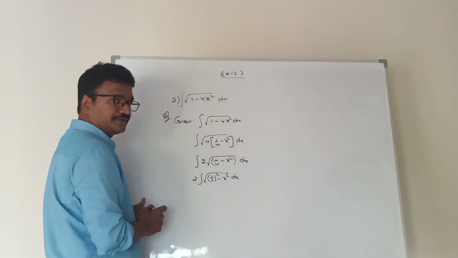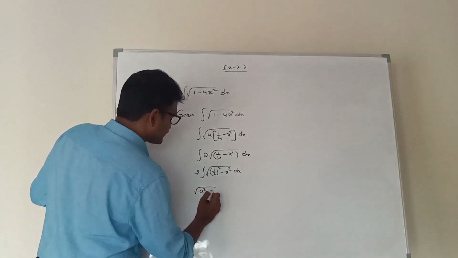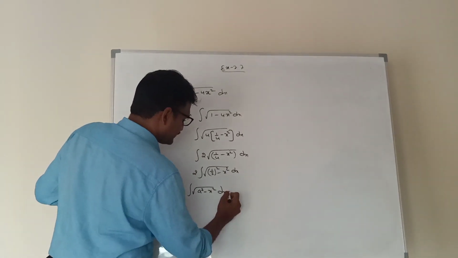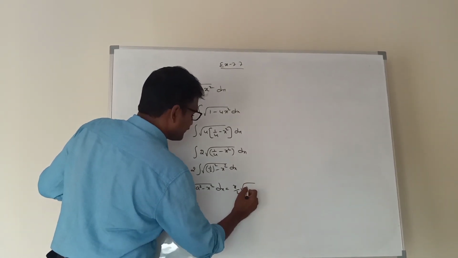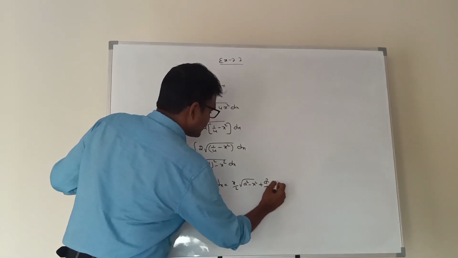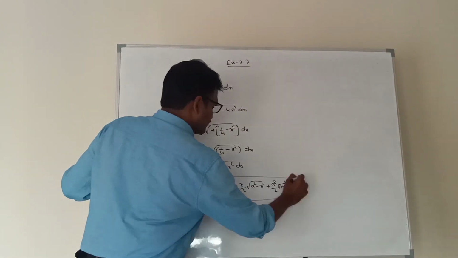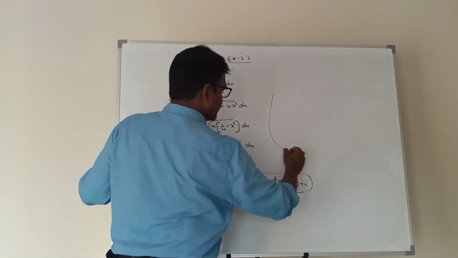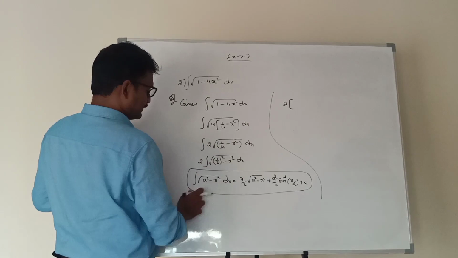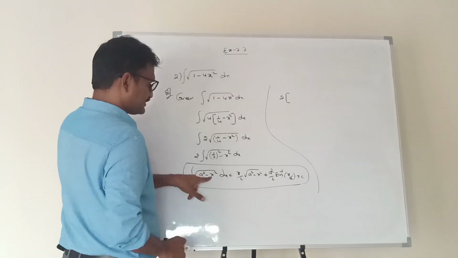This is in the form of root of a square minus x square. The integral of root of a square minus x square dx is x by 2 into root of a square minus x square plus a square by 2 into sin inverse of x by a plus c. So apply this formula for this. If you apply the formula, 2 into root of 1 by 2, a square means 1 by 2 whole square, x square means x square only.